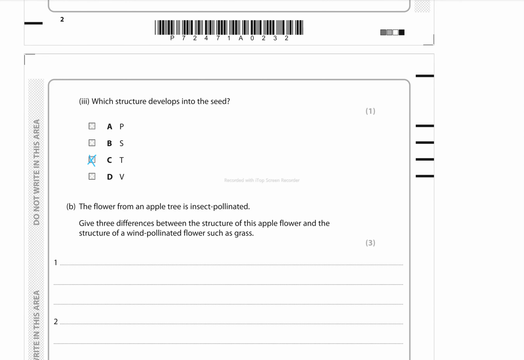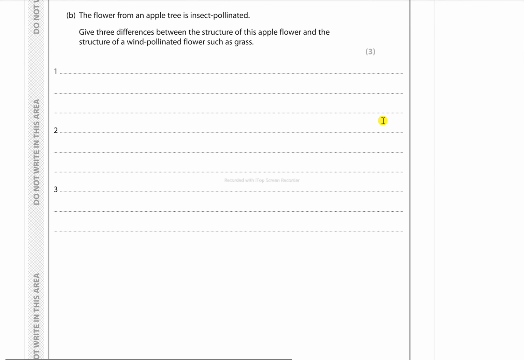Right. So now there's two types of pollination: insect pollinated and wind pollinated. Give three differences between the insect and wind pollinated structures. Right. Insect pollinated have large, colourful petals.